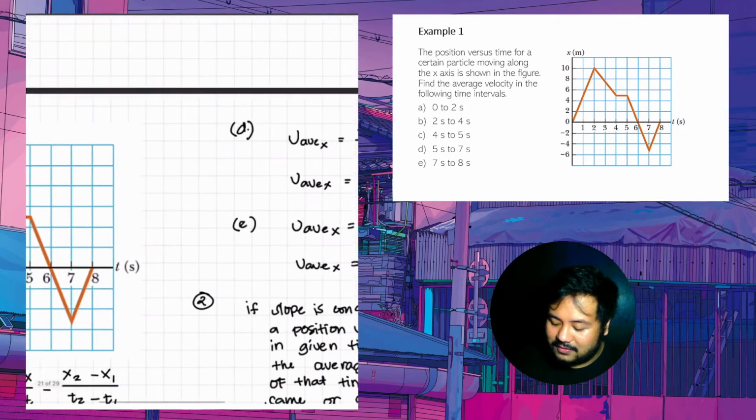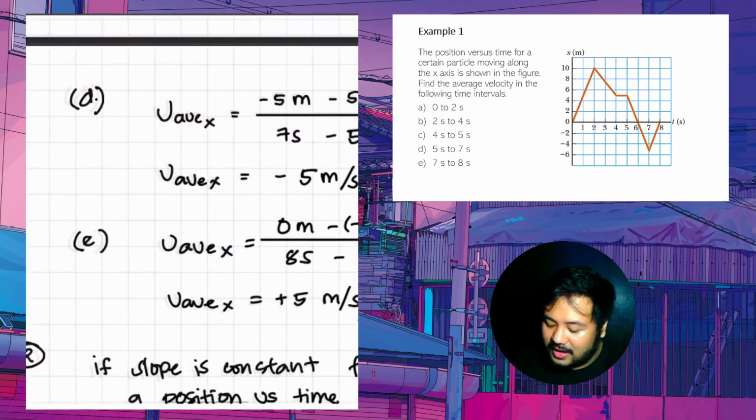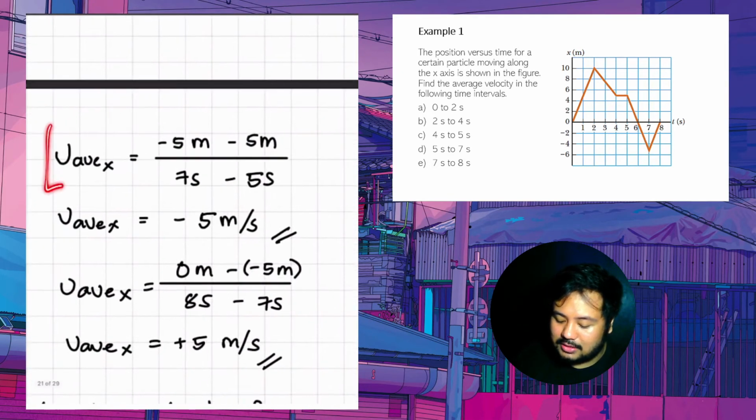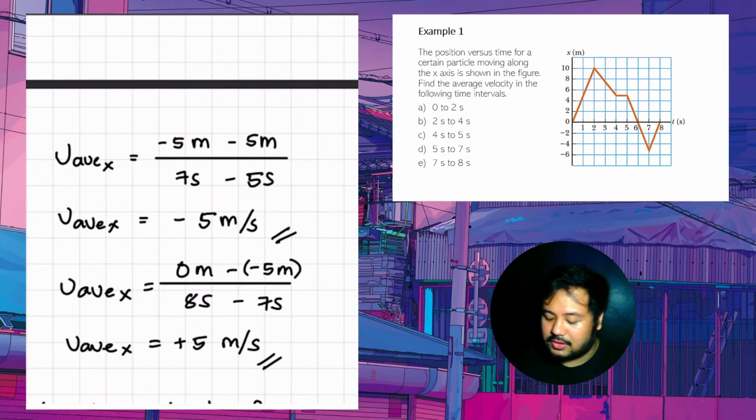So you have an average velocity of -5 meters minus 5 meters over 7 seconds minus 5 seconds. So the average velocity is -5 meters per second.